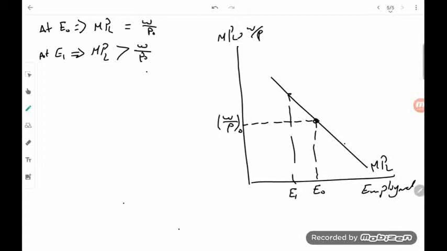So in this case, firms have to employ less number of workers, as E1 are going to be employed, which is less than E node. But firms can increase profit by adding more workers. So if the firm is going to hire more workers, this will help the firm to increase profits.